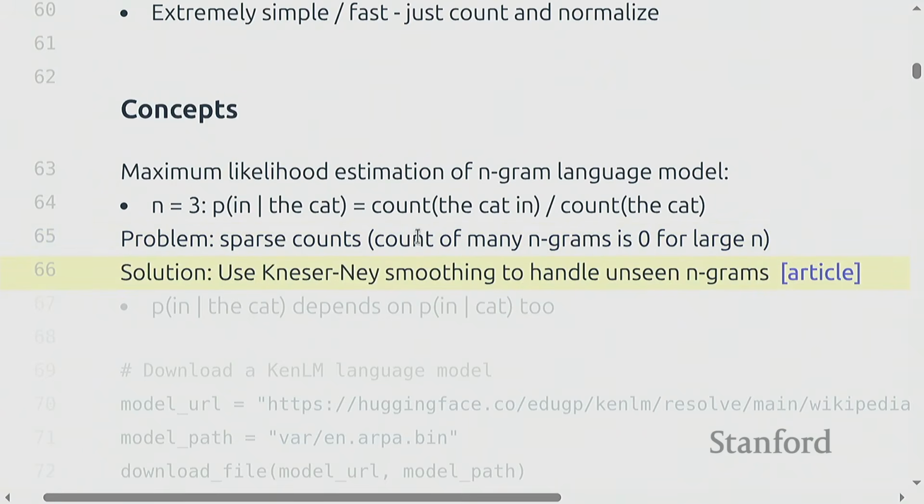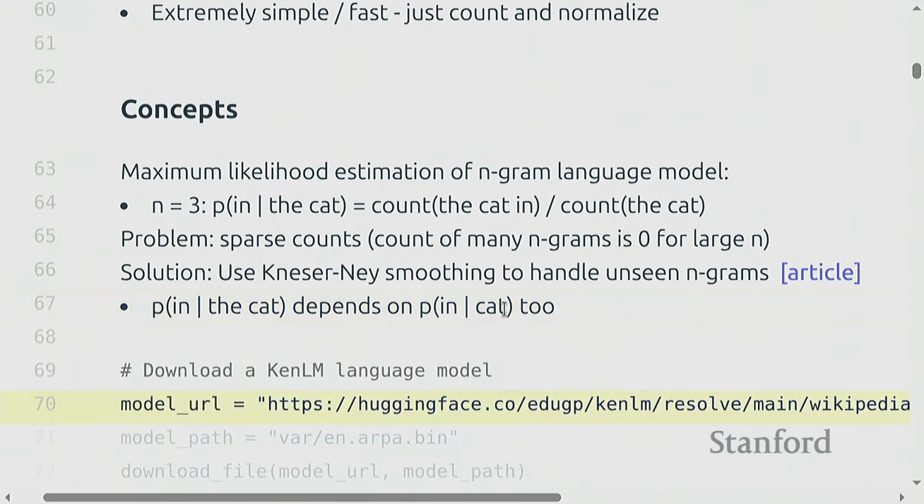To mitigate this, some people devised Kneser-Ney smoothing to handle unseen n-grams. There's more detail on this, but roughly it says, well, maybe if I don't have enough data to support this count, I can use a lower-order n-gram. So remove one word from the context and count the number of times it appears given cat, and then try to either interpolate or back off to that.